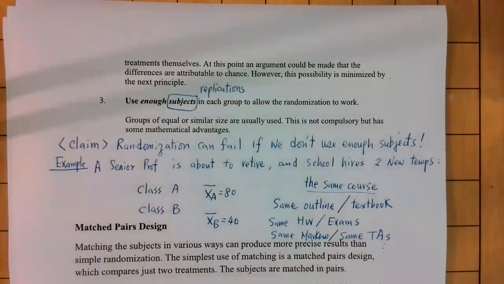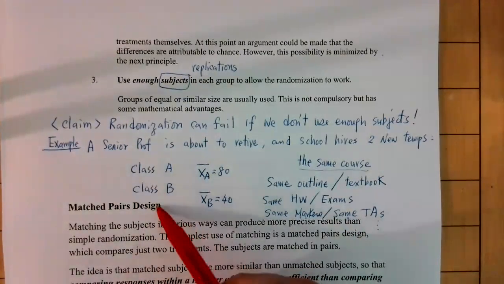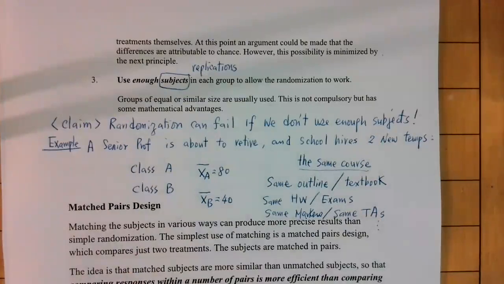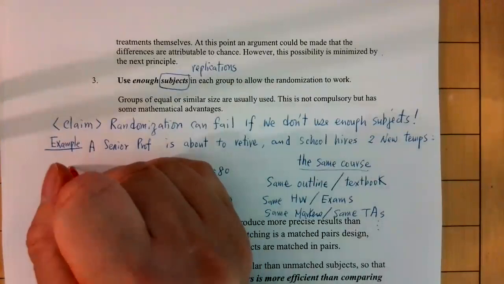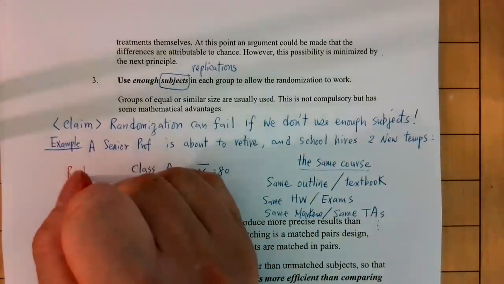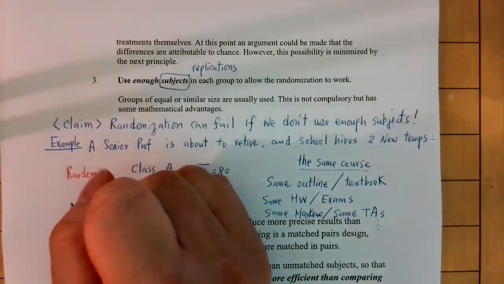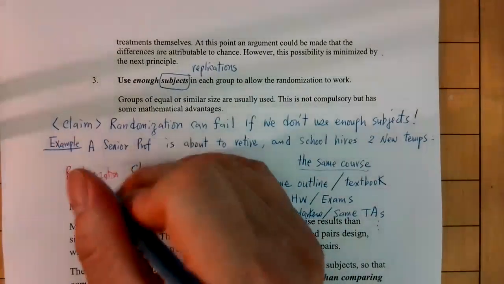Everything you can think of is almost exactly the same, except the teachers are different. Other than the teachers being different, what is also different? The students are also different, okay? So we use randomization. Randomly select students.